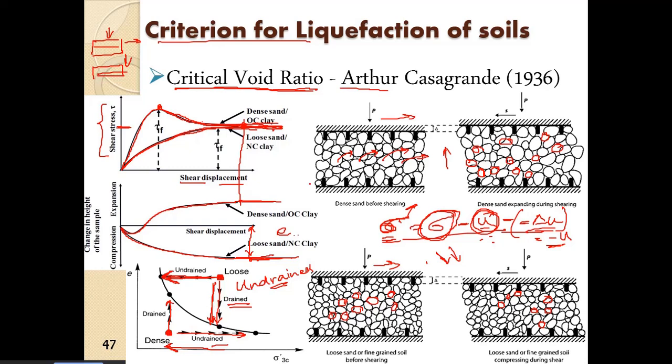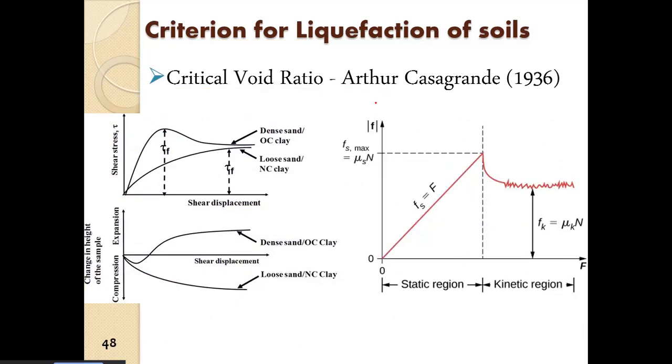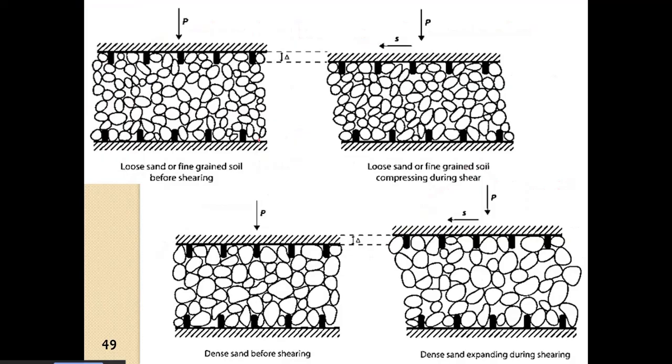So using this concept, Casagrande in 1936 proposed that if we have a soil, the void ratio, so there is a compression in the normally consolidated soil, loose sand or fine grained sand before shearing, and after shearing the void ratio is decreased.